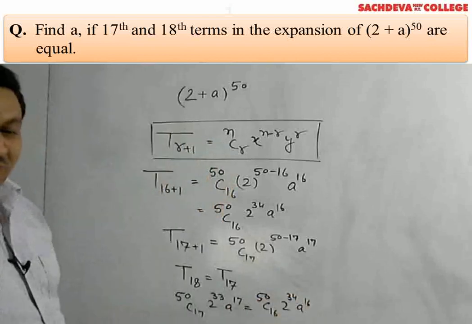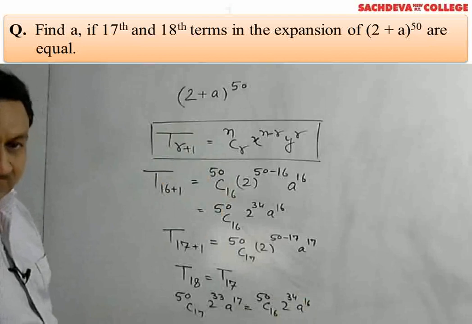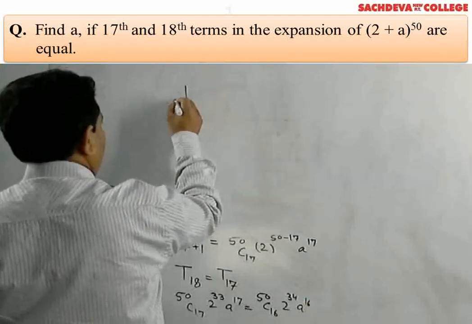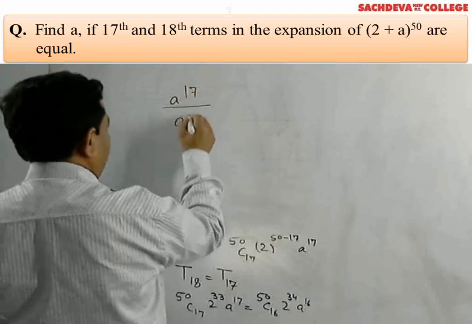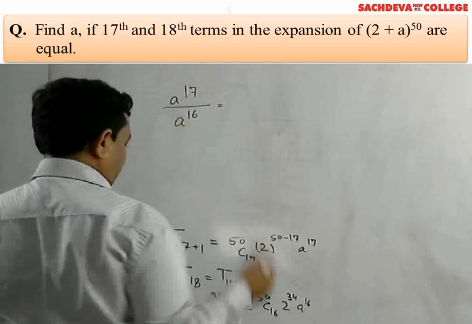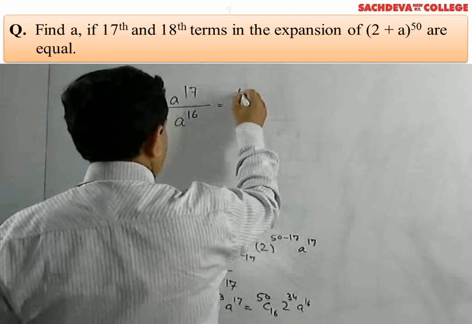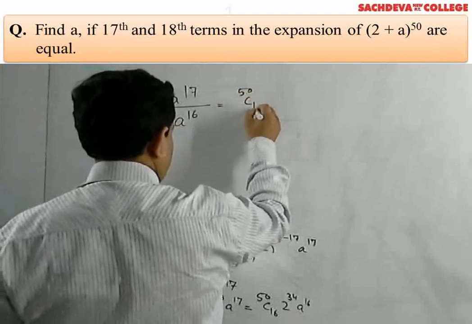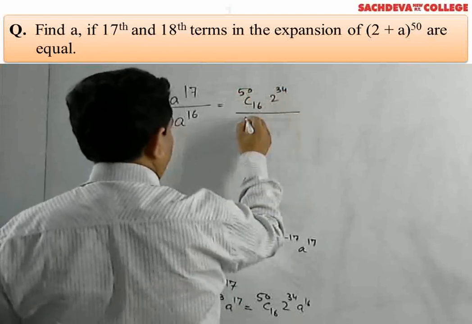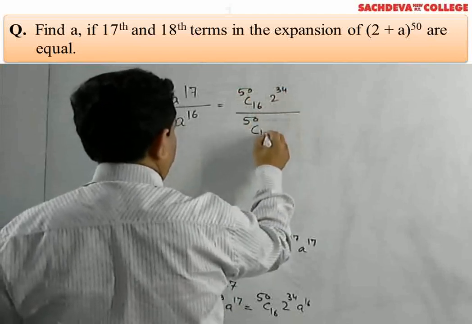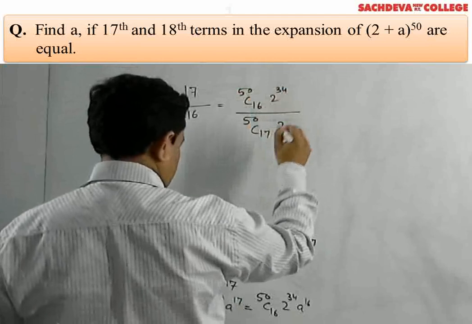But we want to find the value of a here, so a to the power 17 divided by a to the power 16 will be equal to 50C16 into 2 to the power 34 divided by 50C17 into 2 to the power 33.